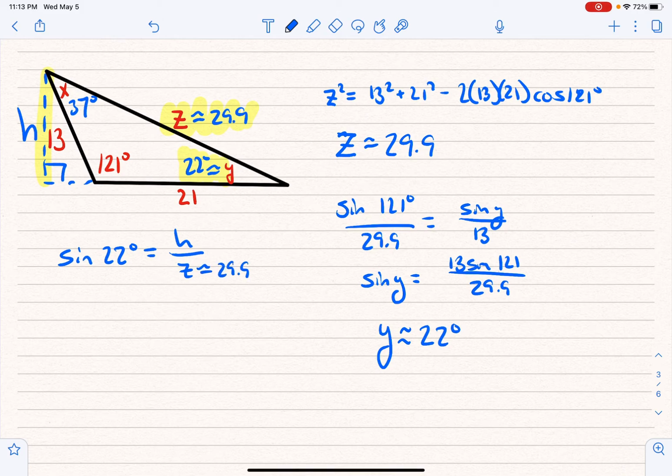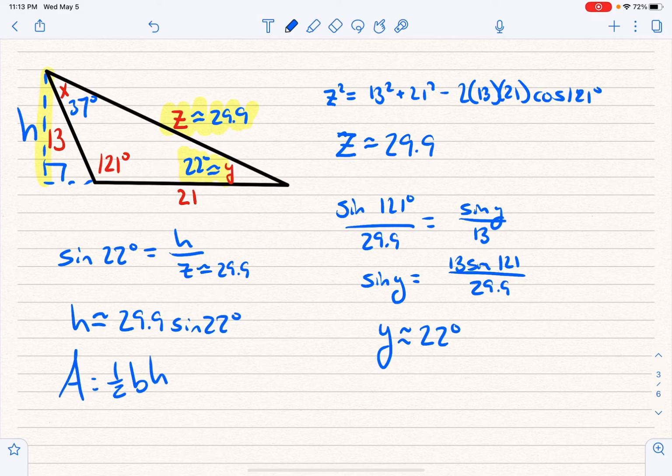Multiplying both sides by z, the height is about 29.9 times the sine of 22 degrees. The area is 1/2 base times height, so 0.5 times the base, 21, times the height, 29.9 times the sine of 22. I get that the area is about 117.6.